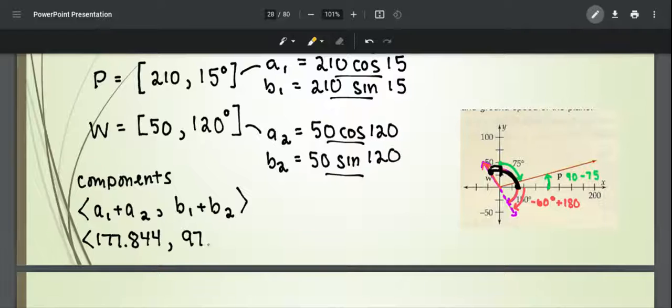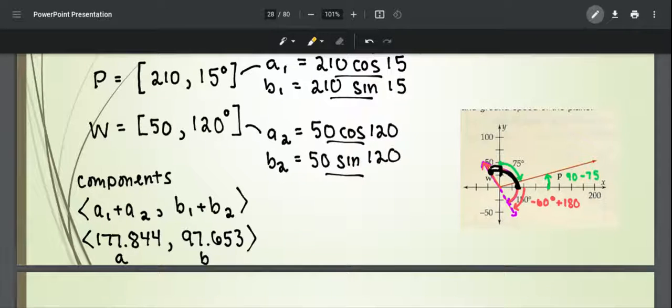And so we get our new B component is 97.653. So this is your new A and your new B value from when you've added your vectors.